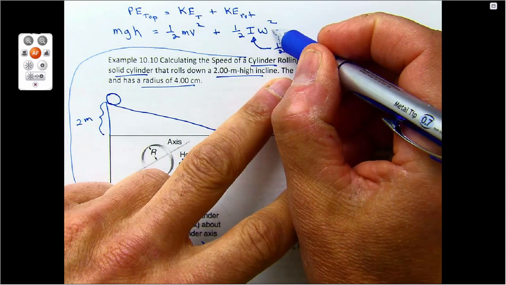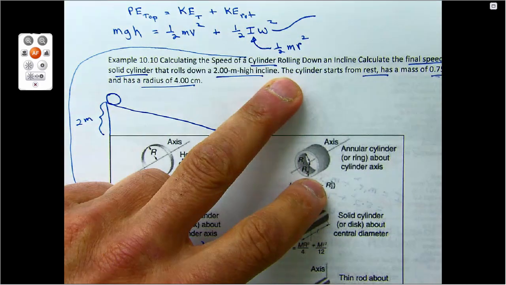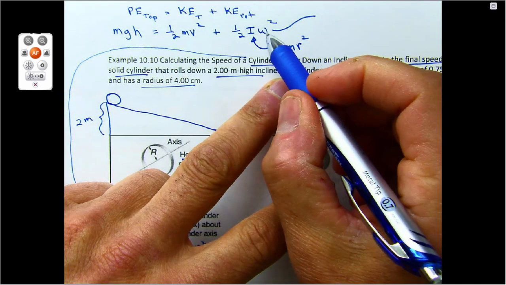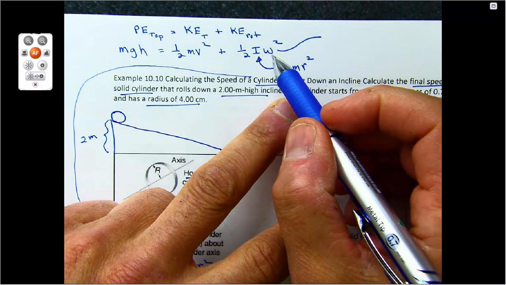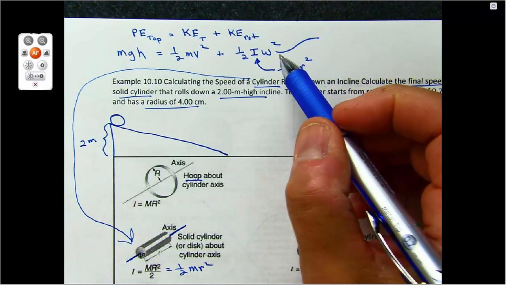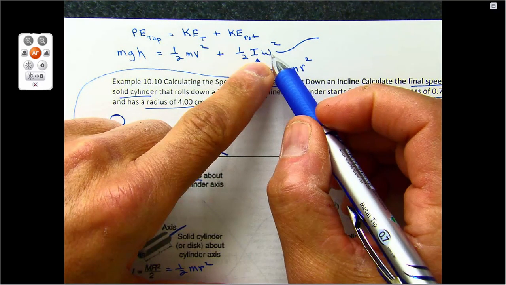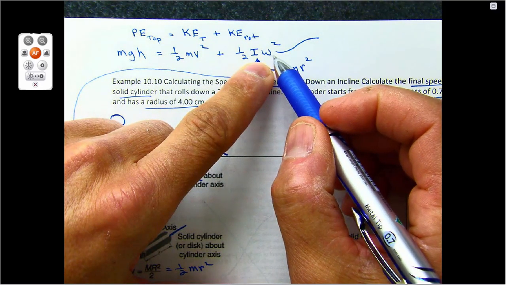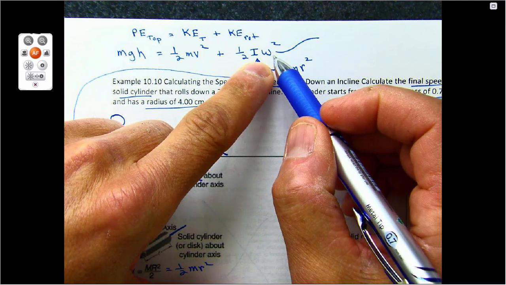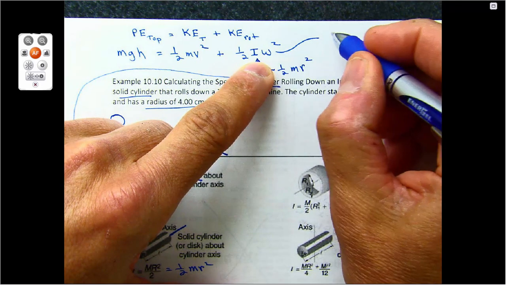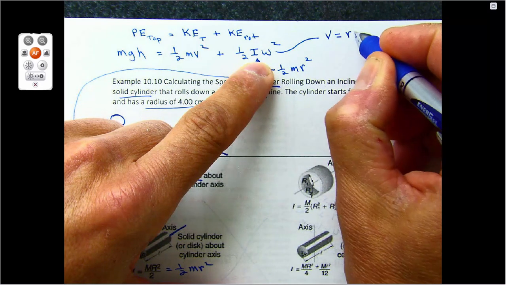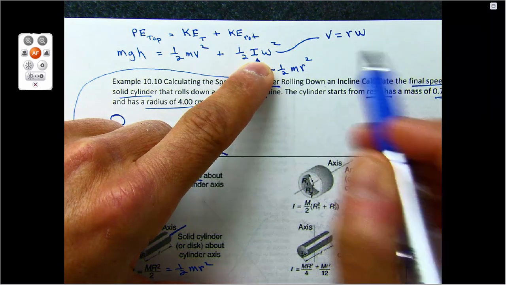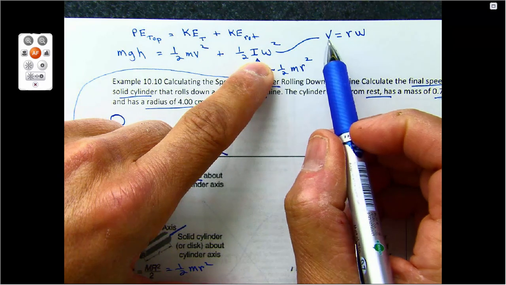And then omega will substitute in. How do we get between angular velocity and translational velocity? We know that if we take our radius times our angular velocity, we get our translational velocity.